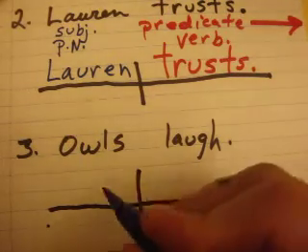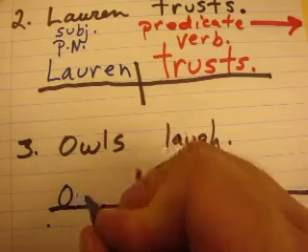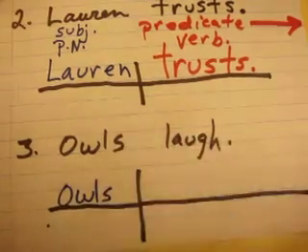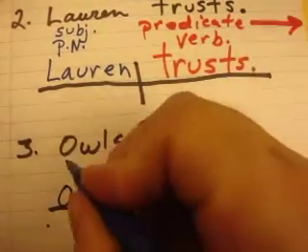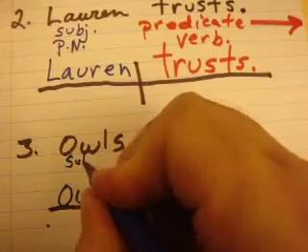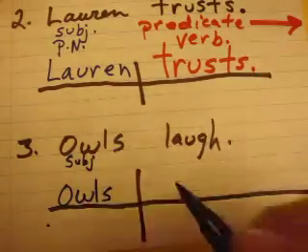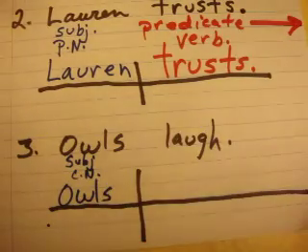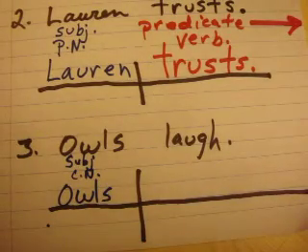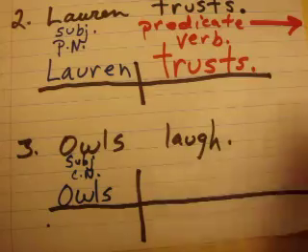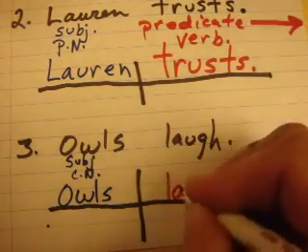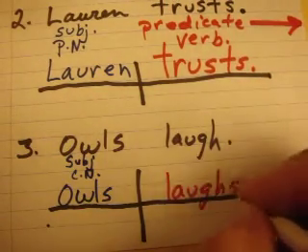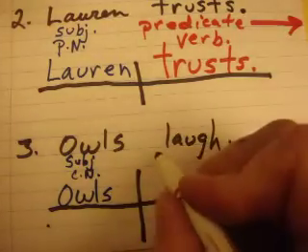Oh, that's perfect! You wrote owls on this line with a blue marker, and you labeled it SUBJ. And also you identified this as a common noun because it's not a specific noun. Secondly, you identified laughs as a predicate.